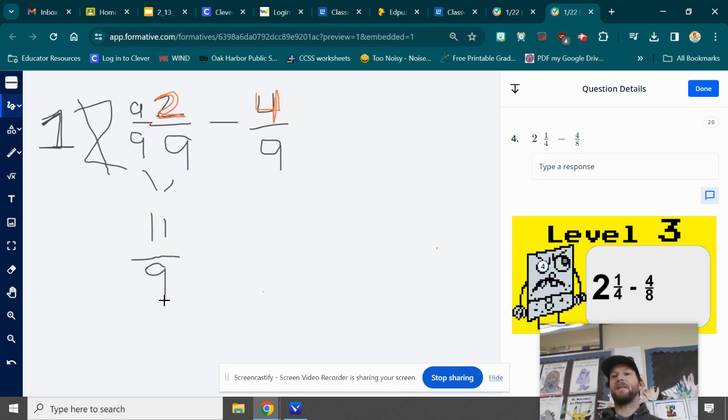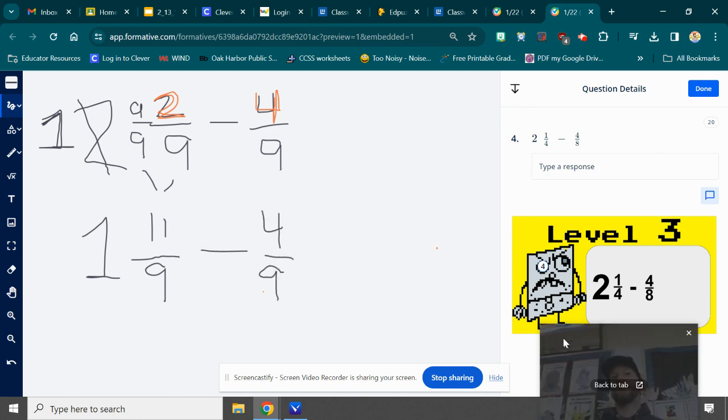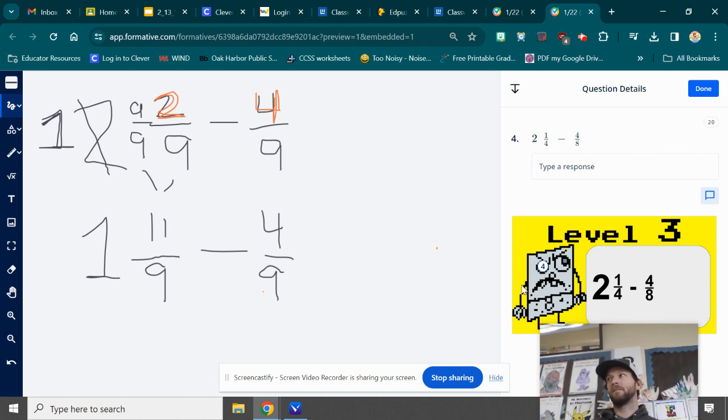So yours was 8ths, right? So if I'm borrowing 1 whole from 8ths, I have 8 8ths that I would be adding. Now I can take away. So now I have 1 11 9ths minus 4 9ths. Now I can subtract. So when you're adding to that 2, you're going to be adding 8 8ths, not 9 9ths, because your units are 8ths.